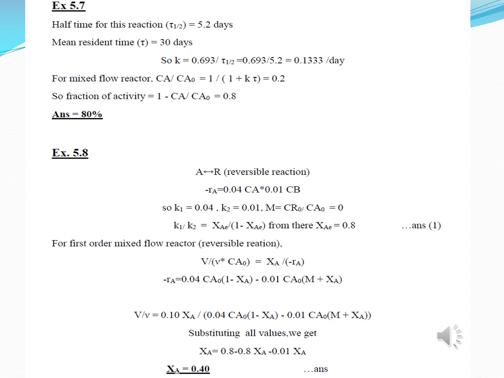So we have developed an expression, we solve it, and we get the value of XA that comes out to be 0.4. So 40% will be the conversion in this case.